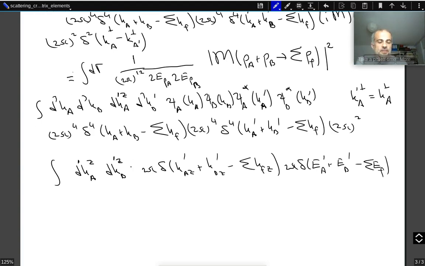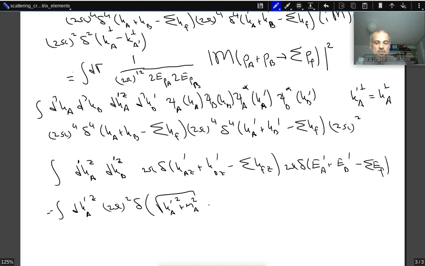Now I can evaluate this Kbz prime integral using this relation, the first Dirac delta. So that would give me dKa prime z 2 pi squared Dirac delta. Ea is, well, let me just leave it as Ea. Ea is square root of Ka prime squared plus Ma squared.